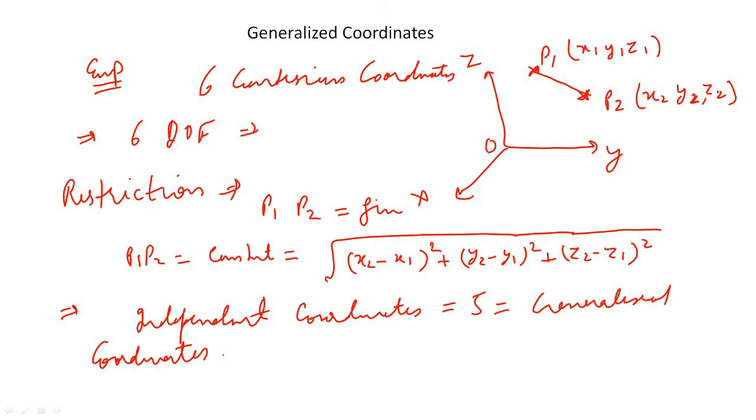But here we require 5 generalized coordinates to specify the position of this dynamical system, and those can be written as q1, q2, q3, q4, q5.